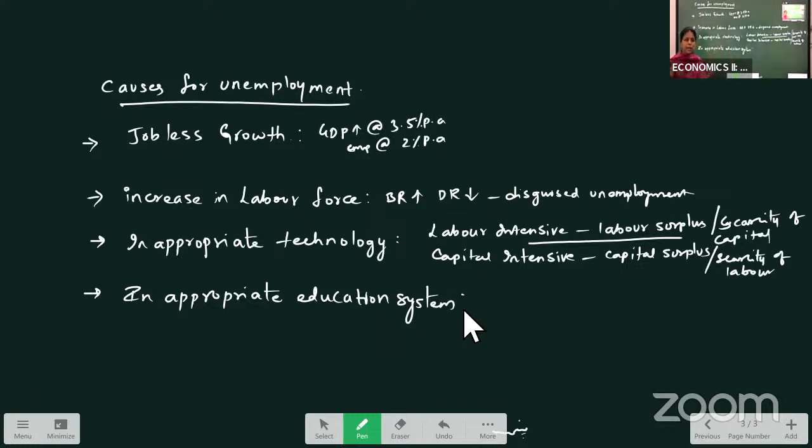Whatever education policies were there during the British rule, the same old policies we are still following, which has failed to create higher level skilled people in our country.